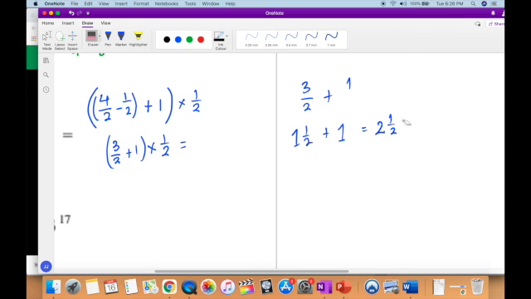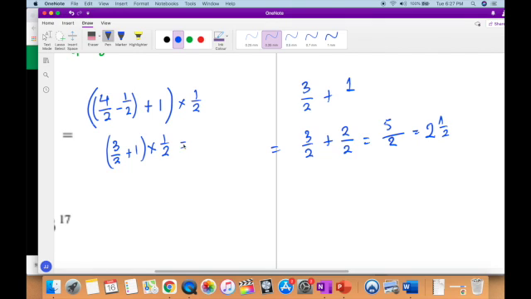But there is another way to do it, and we could actually take this 1, right? And we could say, well, 3 on 2, and guess what? 1 is really 2 on 2. Yeah? 2 over 2 is 1. So we could actually have 2 over 2, and because they have the same denominator, that means we could just add the numerators. 3 and 2 is 5 on 2, which is 2.5.